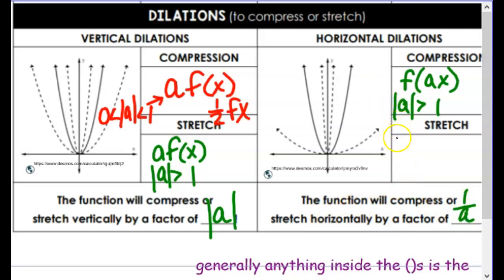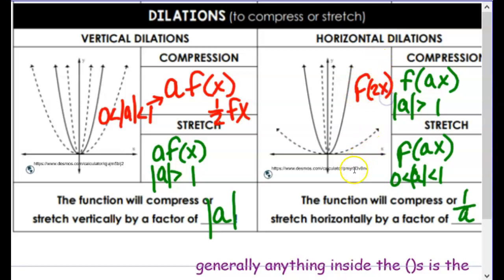A stretch is f of ax when a is between 0 and 1. So let's do an example so that this makes sense. If you had f of 2x, it would be a compression. If you had f of 1/2 x, it would be a stretch by 2. It is the reciprocal that you use to stretch it or compress it.